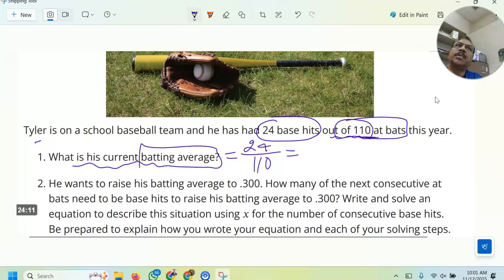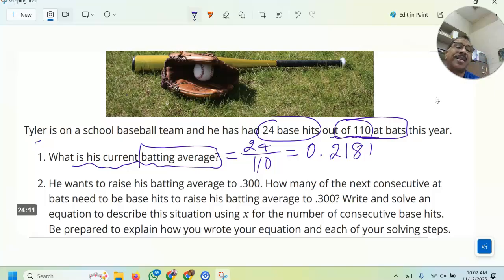Out of 110, he has 24 successes, right? So if we do 24 divided by 110, do you get 0.218, something like this? Yes or no? Okay, that's the batting average.